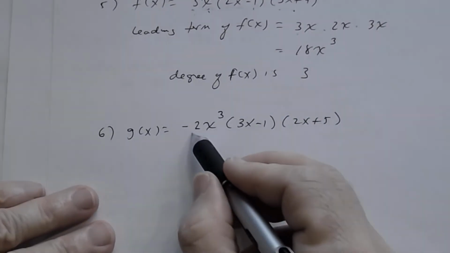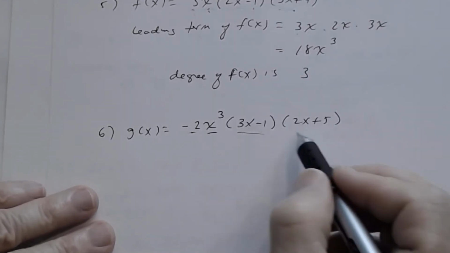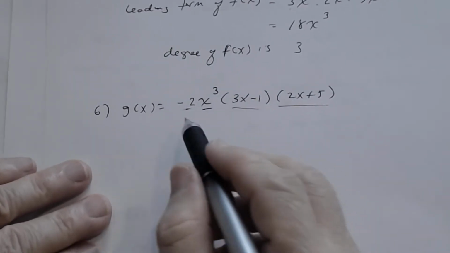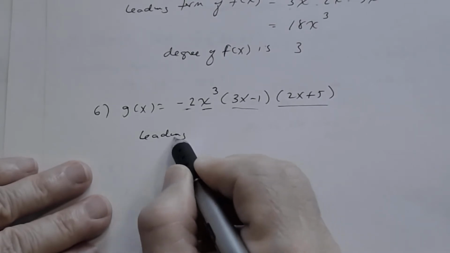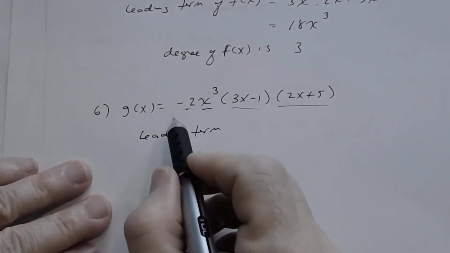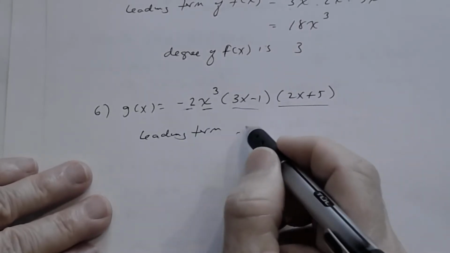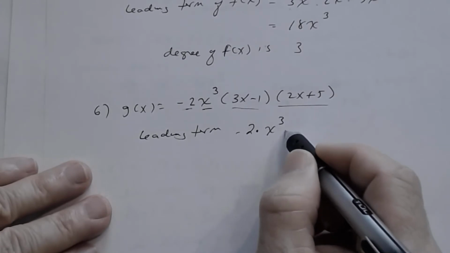So I have a negative 2, I have an x cubed, I have a 3x minus 1, and I have a 2x plus 5. Okay? And so for my leading term, we got to include all your monomial factors. So I must use negative 2, I must use x cubed, and then let's look at this.